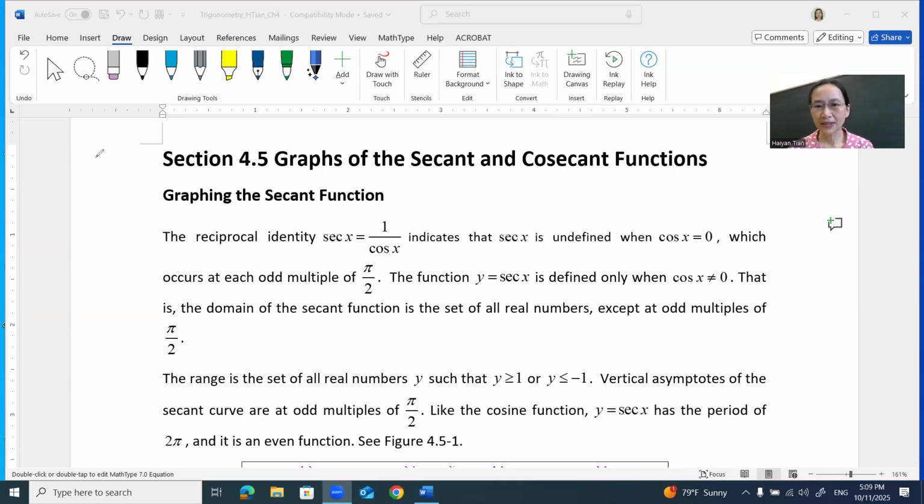So let's look at the graph of secant or cosecant functions. But first of all, the graph of secant.